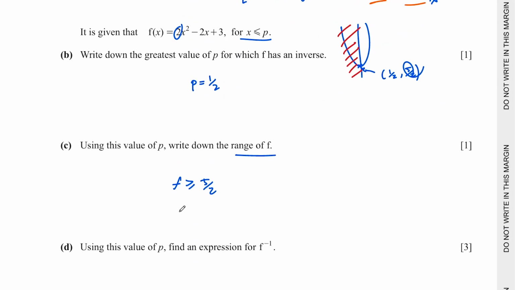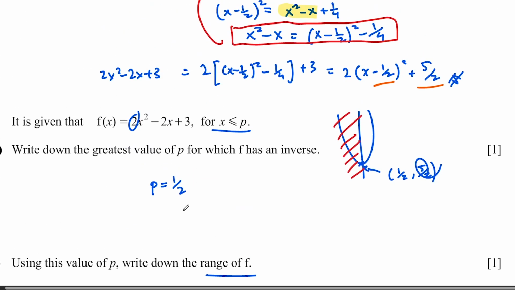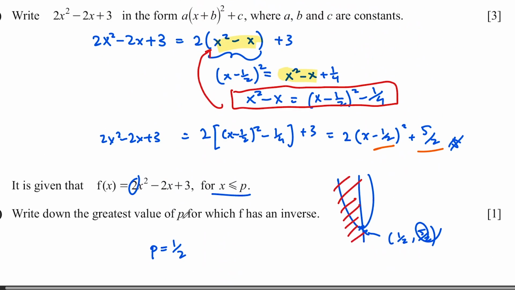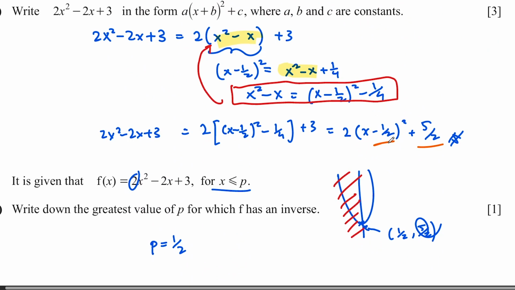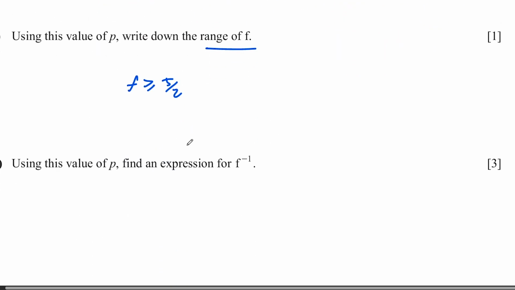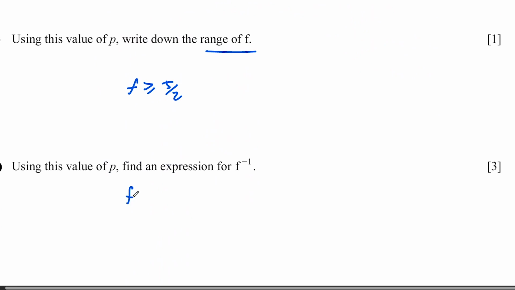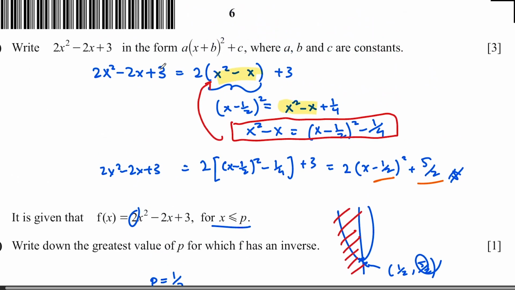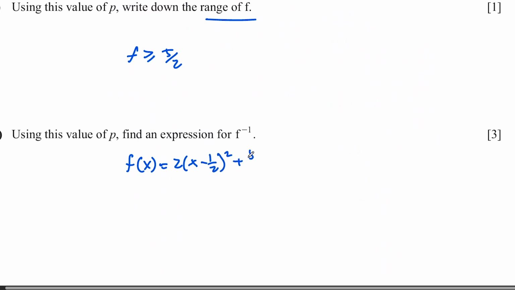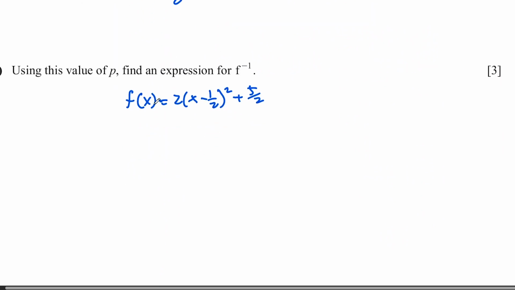And using this value of p, find an expression for f inverse. Since we have already expressed our quadratic in the completing the square form, we will use that to find the inverse. So I will first rewrite the function, and for the inverse we swap the variables, x and y.